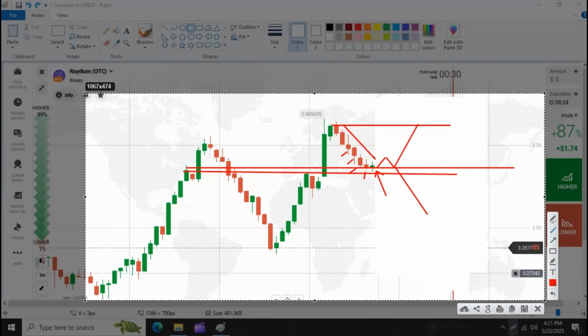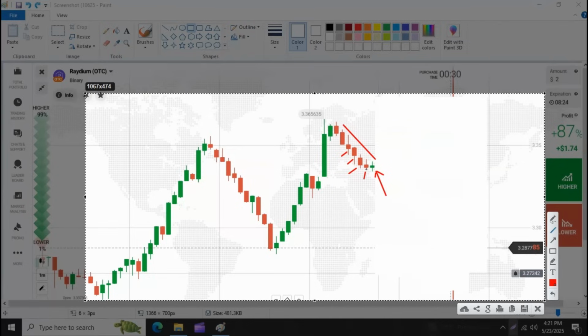But in this kind of weakness, there is confusion, because the candles on both sides are weak. Here the sellers are weak, here the buyers are weak. After a selling candle, if you get this kind of candle, you could easily win, right? You have confidence.